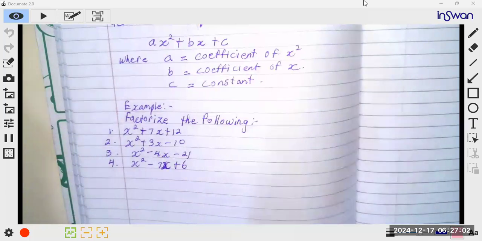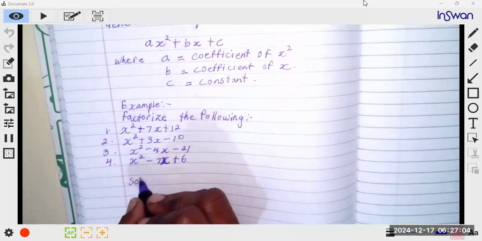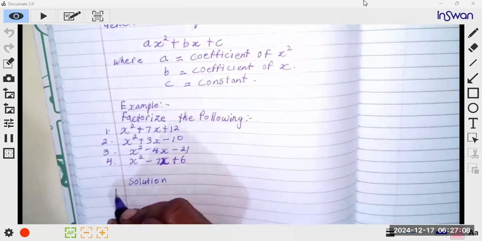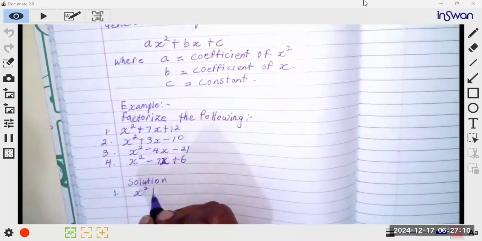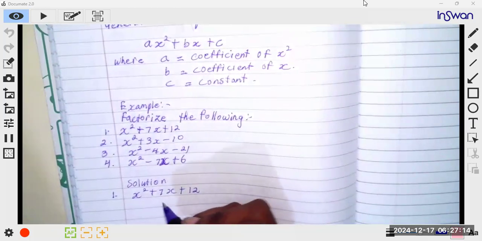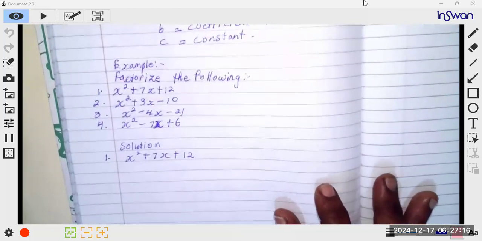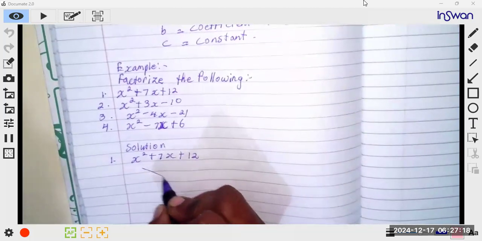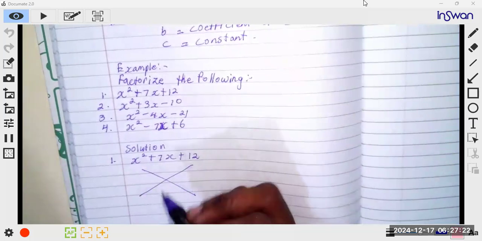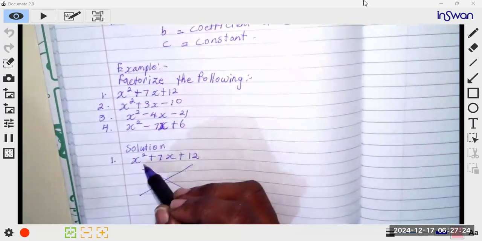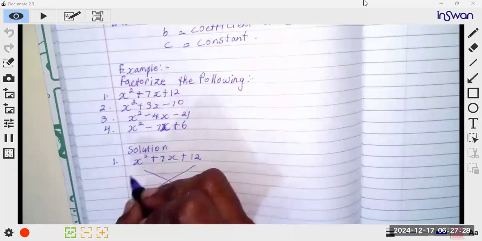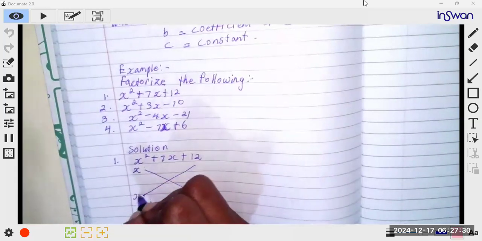Okay, so let's go. Solution. So the first one is x squared plus 7x plus 12. All right. So we make two brackets. What two letters, when you multiply them, will give us x squared? It will be x by x.